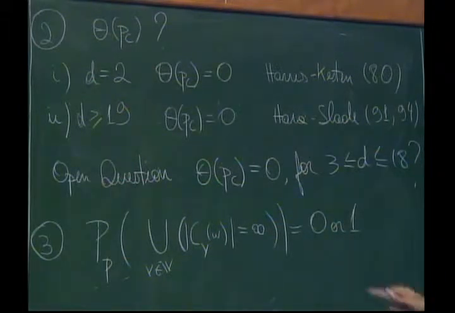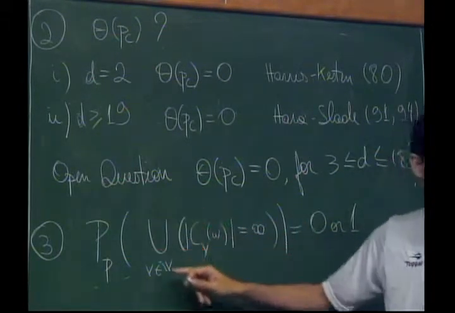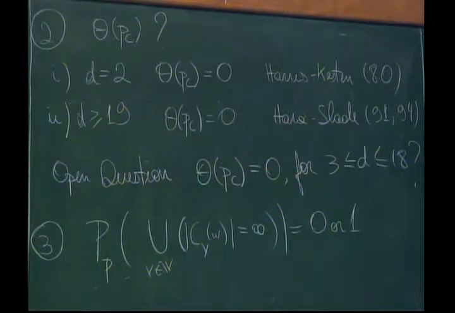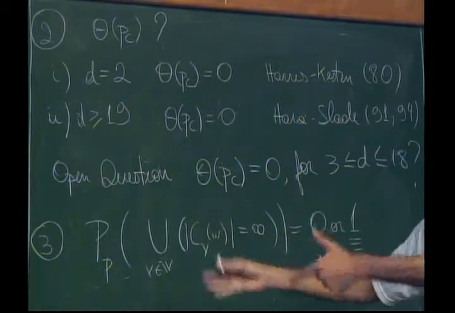Or if you prefer, this event is a tail event, then by Kolmogorov 0-1 law, this probability should be 0 or 1. And when this probability is 1, we say that there is percolation. Okay?